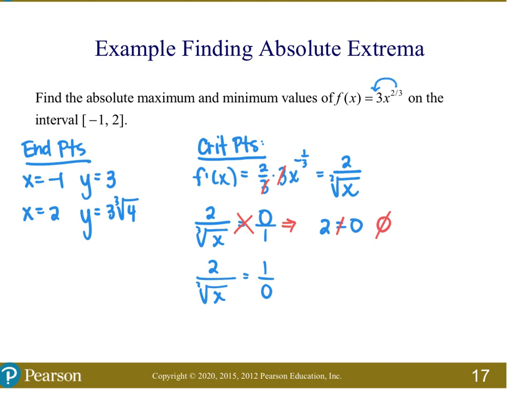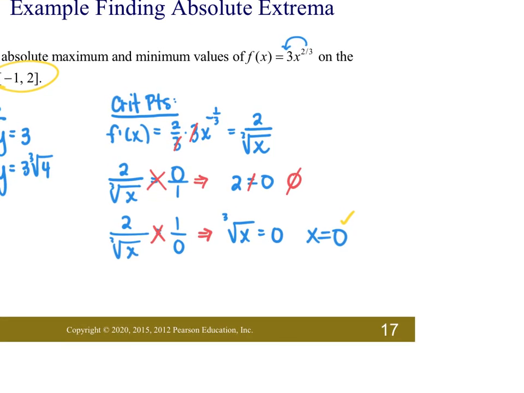And then when we cross multiply here, we'll get cube root x equals 0. That is solvable, so x is 0. Check your interval. x is 0 fits in the interval, so that's good. So now we can find our y value, and if we plug it back in, y is 0.